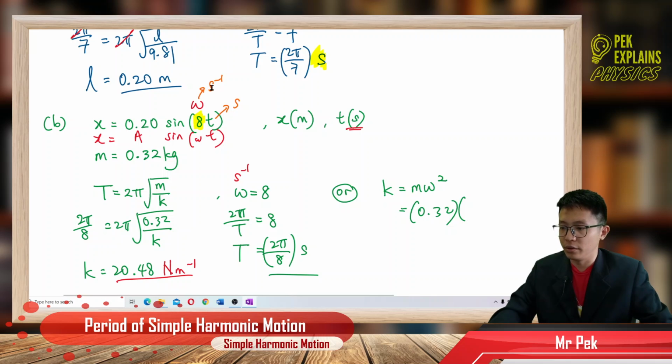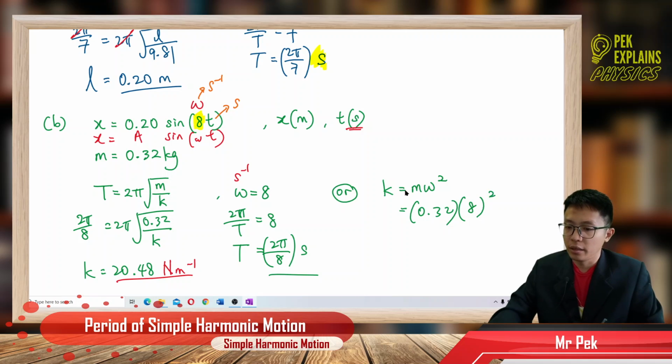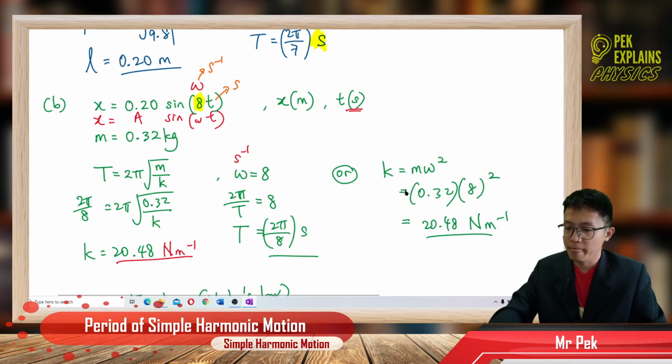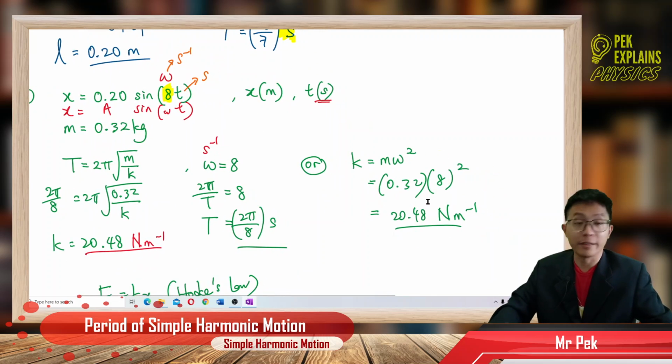Nothing to worry about, no need to change. So still 8, and you will get the answer 20.48 Newton per meter.